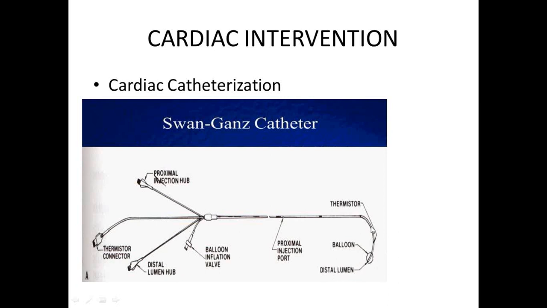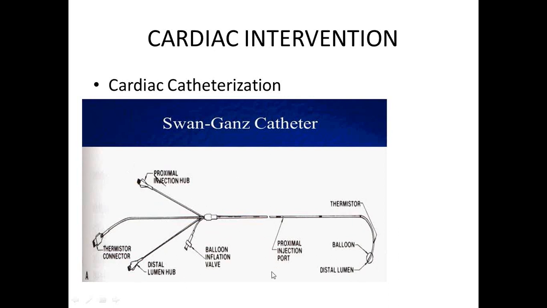So this is the basic structure of the Swan-Ganz catheter, and these are the different ports which allow you to access. If you want to inject something in the proximal port, then you do it through the proximal injection hub. So different hubs: this is for the thermostat, this is for the distal lumen, and this is for the balloon.